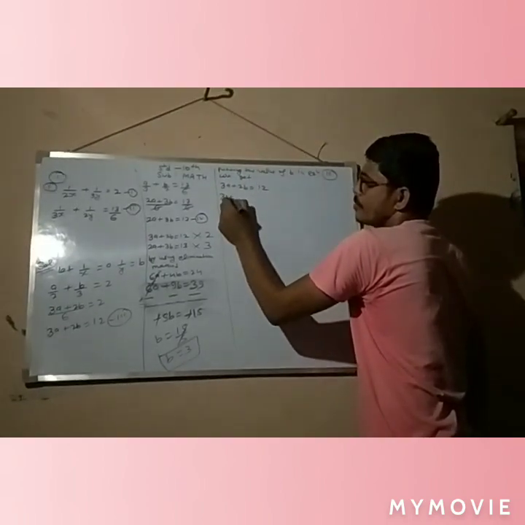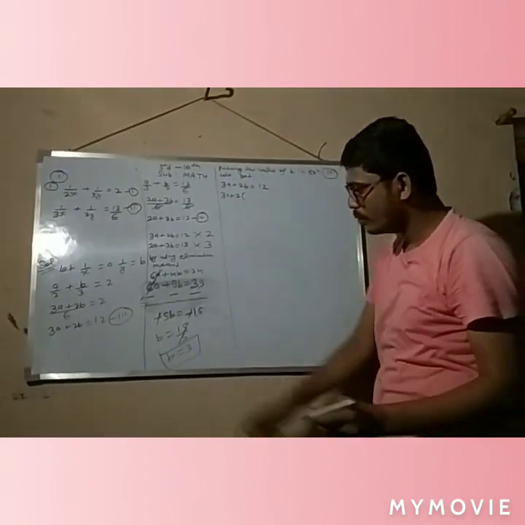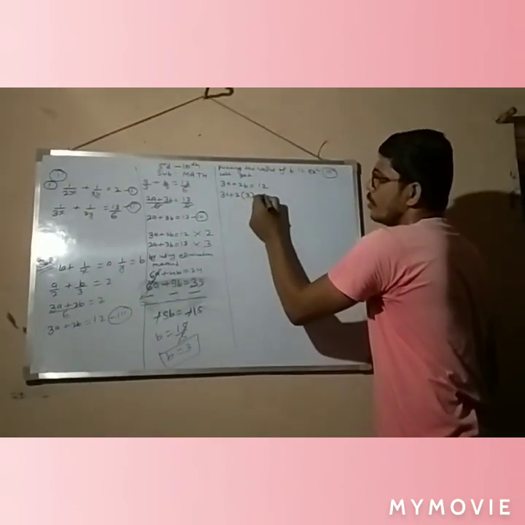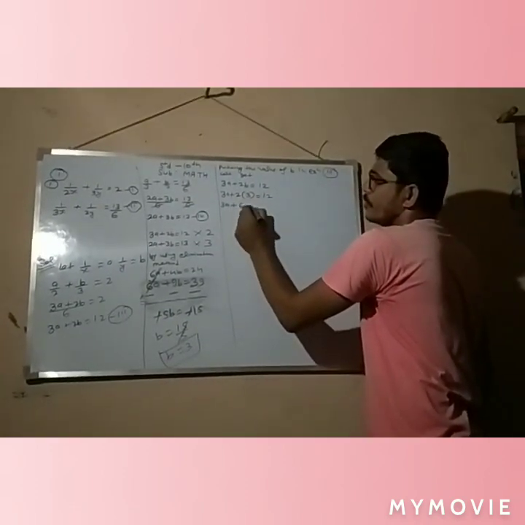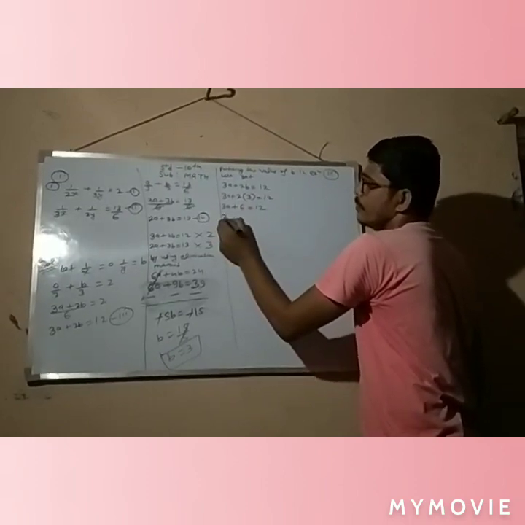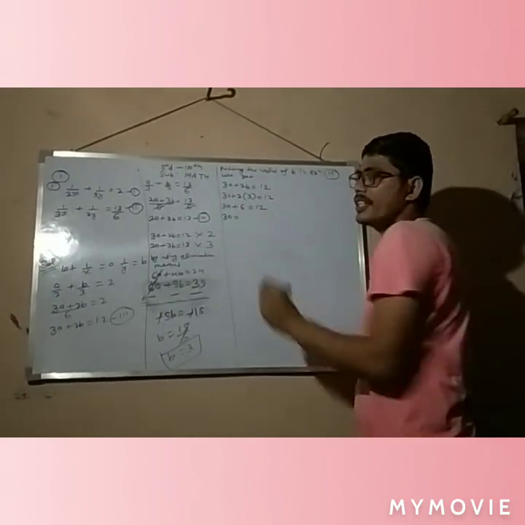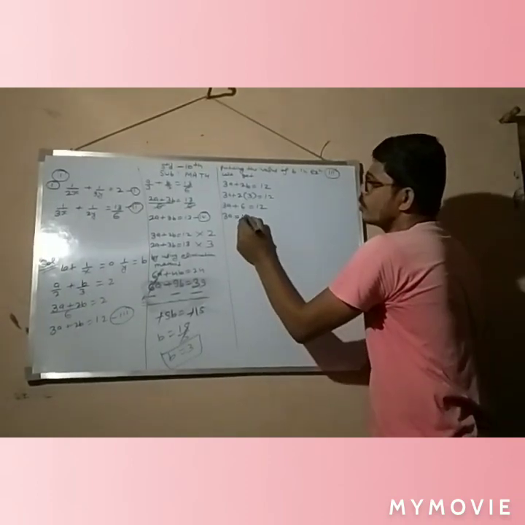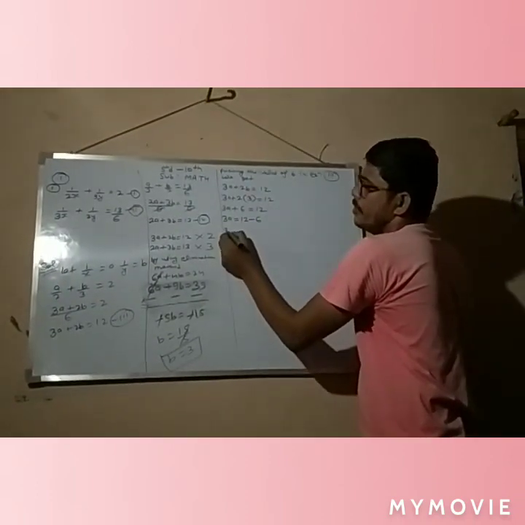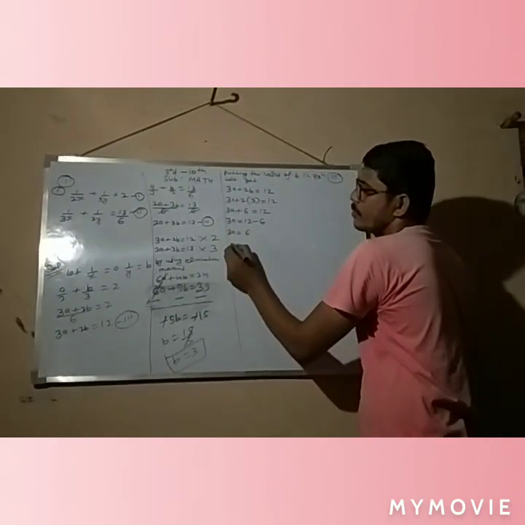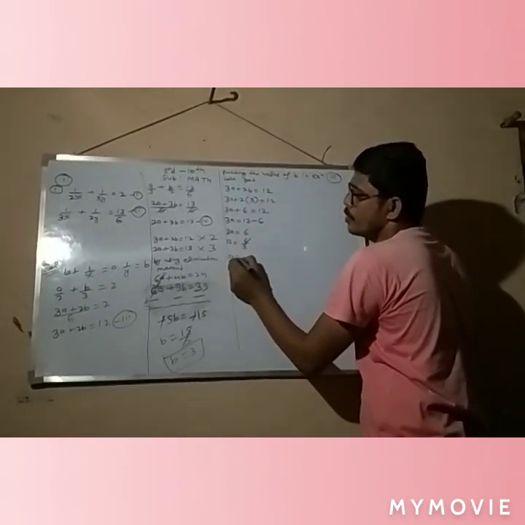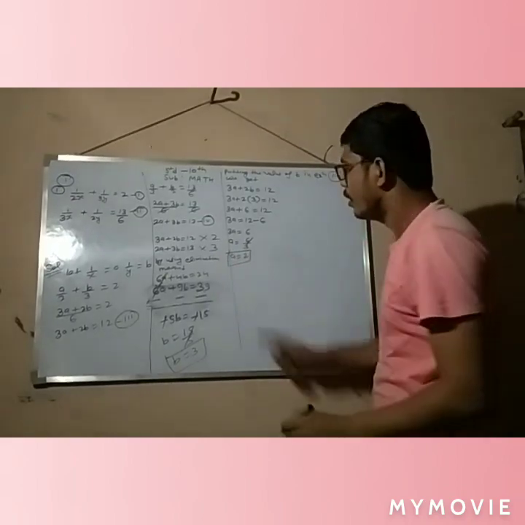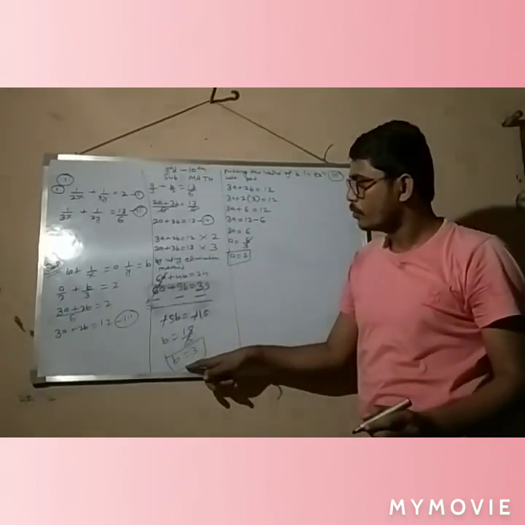Now 3a plus 2 into b value 3 is equal to 12. 3a plus 2 3s are 6 is equal to 12. 3a is equal to 12 minus 6, the sign changes when transferred to the right side, so we can write 3a is equal to 6. Now a is equal to 6 upon 3. Now a is equal to 2. Now a is equal to 2 and b is equal to 3.